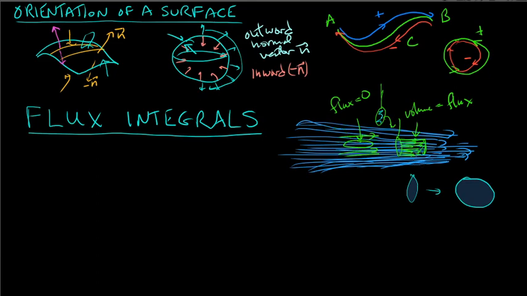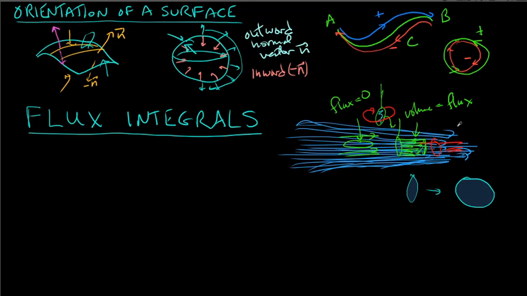Or if I turn it around this way, it's still flowing in this direction, but since I turned it around, the vector's pointing the other way, so now I get a negative flux.